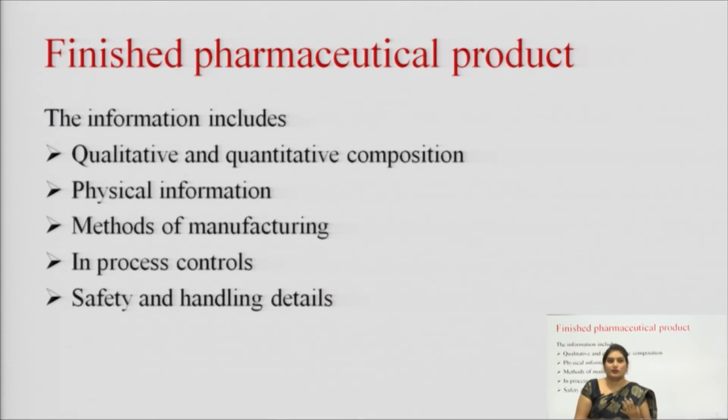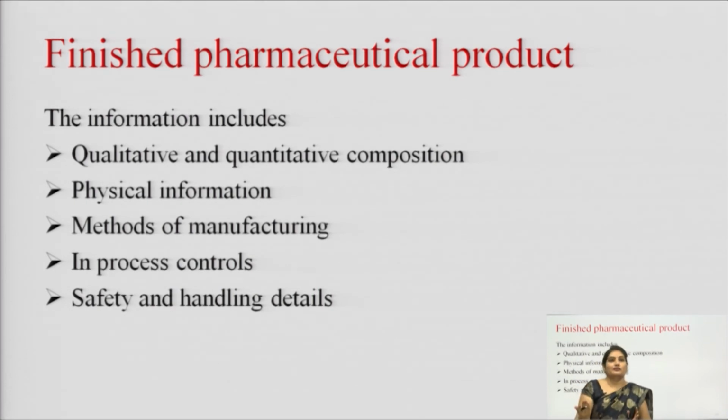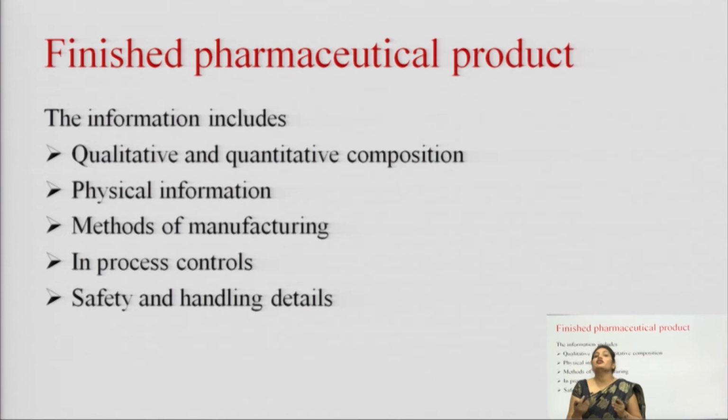So, information related to the quality as well as quantity should be transferred by the sending unit to the receiving unit. Next is physical information. What are the various physical information related to the finished product, that should be transferred to the receiving unit.